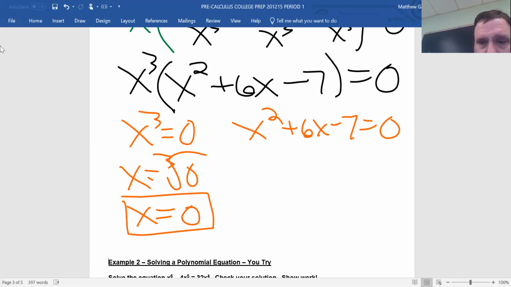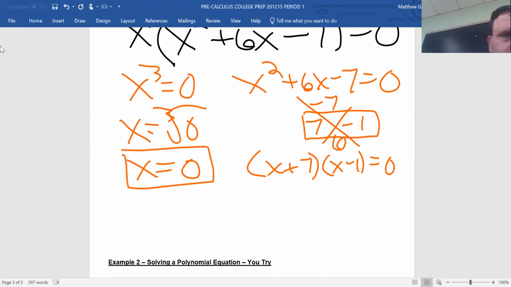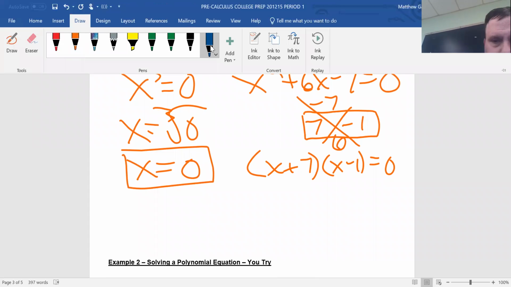And then the factors of -7 that add to 6 are 7 and -1, because the sum is +6. So it's x plus 7 and x minus 1. And then just set both to 0 and solve for x.